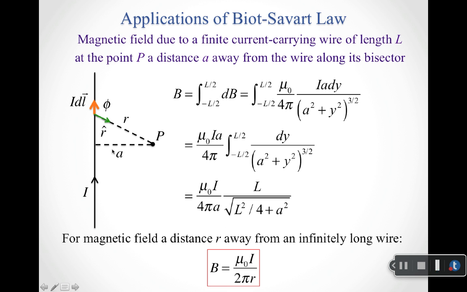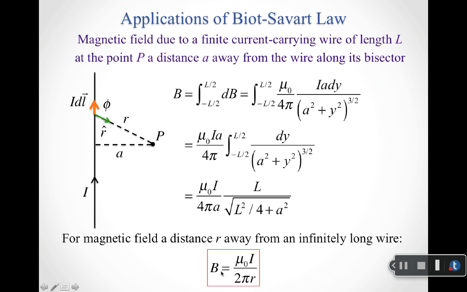All we've done is change our label for the distance we are away from the wire. The reason is that the magnetic field is going to circle around a long straight wire, and whatever point you're interested in, this becomes the radius of the circle that the magnetic field goes around when you're some distance r away. So this will be the expression that we'll use most often in dealing with our long straight wires.